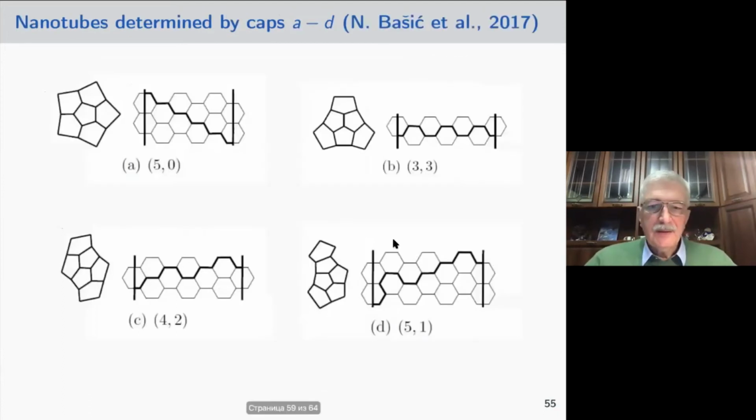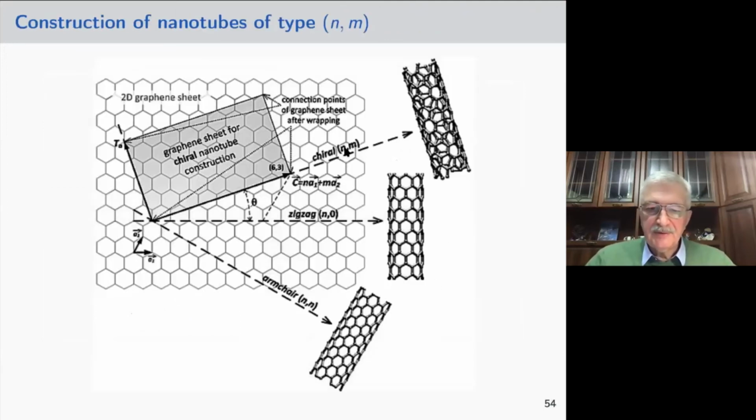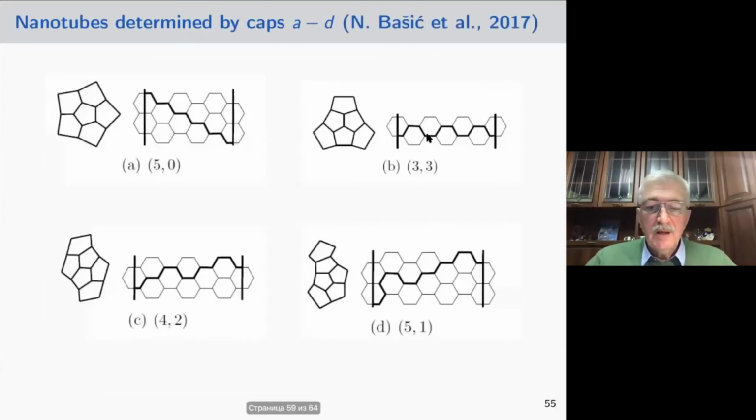The classification was obtained by people from chemistry. If you have caps of the first type, the parameters of the nanotube, these numbers n and m, are like this one, 5, 0. And there are such parameters for the second type, for the third one, and for the fourth one.